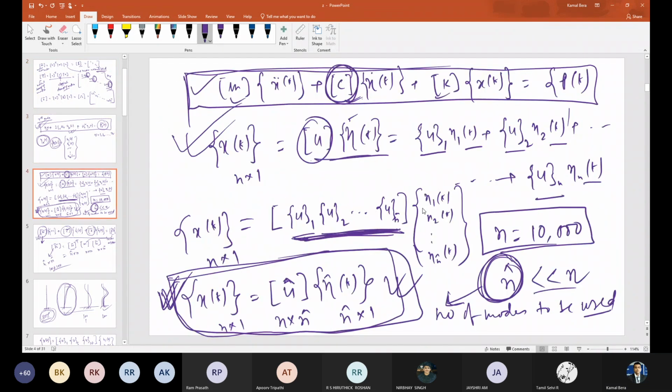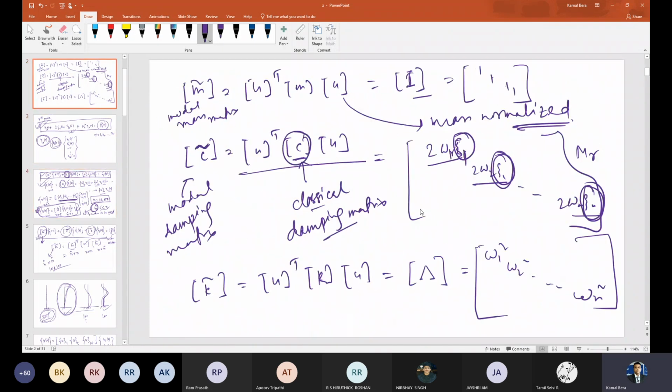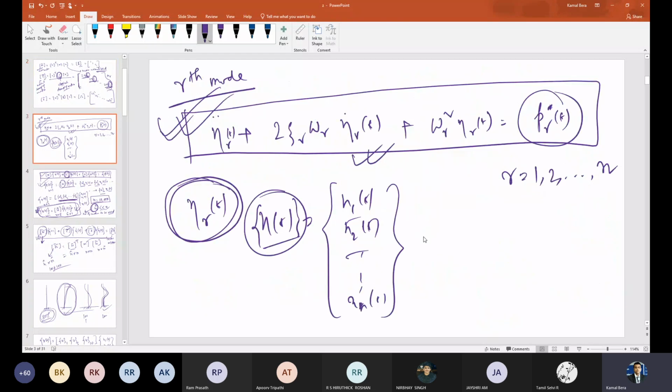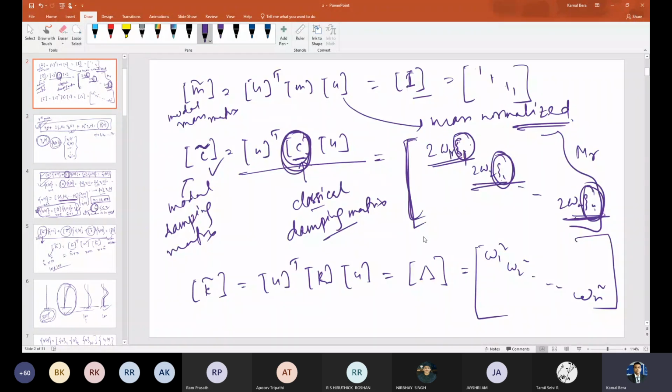So if I know zeta 1, zeta 2, zeta 3, and I can construct the damping matrix like this, we do not actually require the C matrix. We just write the modal matrix diagonally like this. So when is it required? When this C matrix is non-classical, then it will not be diagonal; this transformation will not be diagonal.